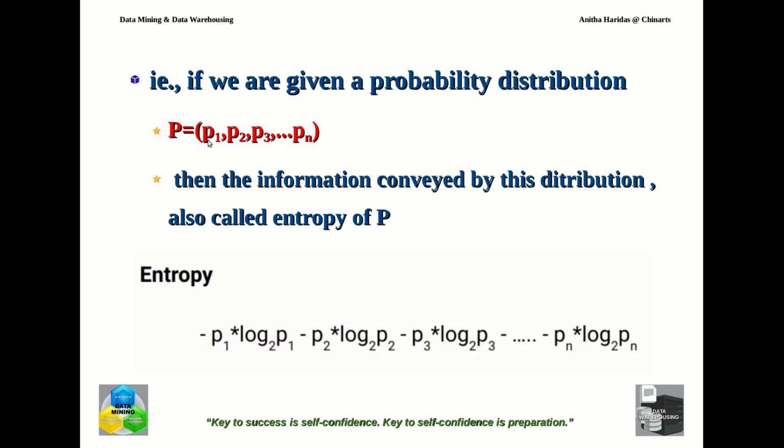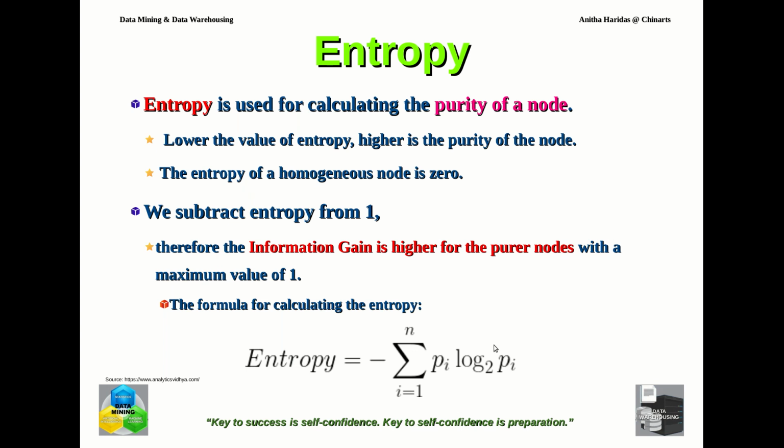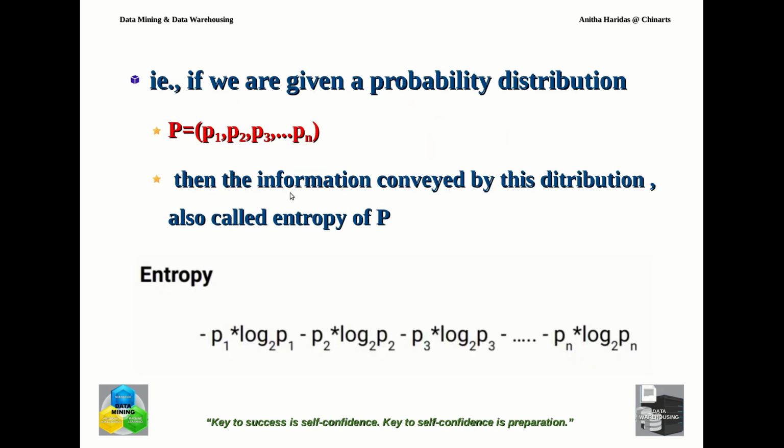Minus P1 into log 2 of P1 minus P2 into log 2 of P2 minus P3 into log 2 of P3 and so on up to Pn into log 2 of Pn. This formula is just expanded like this for this probability distribution.